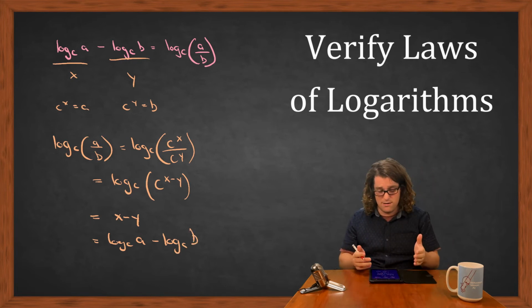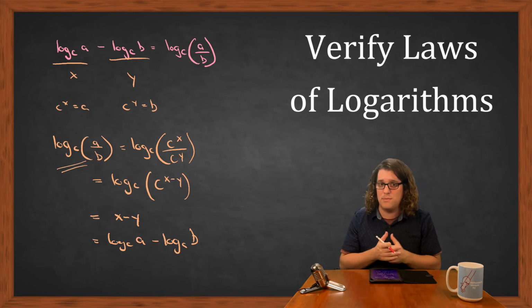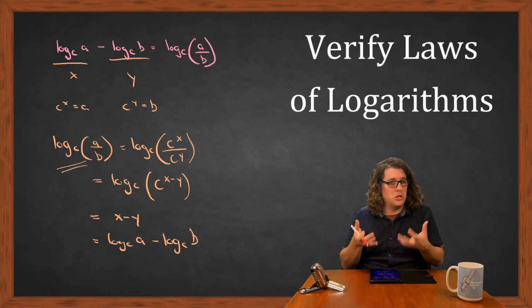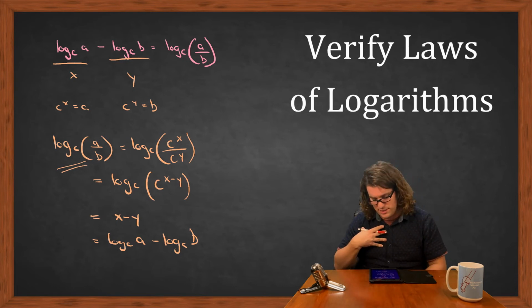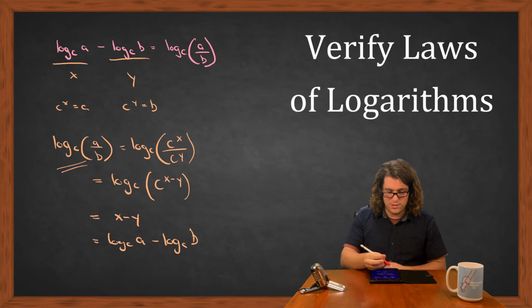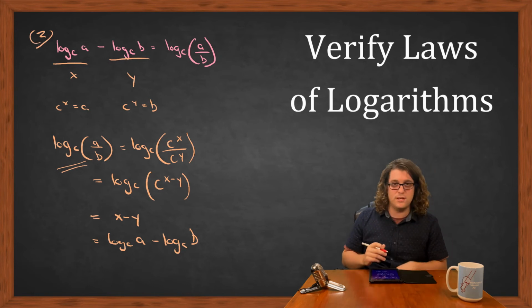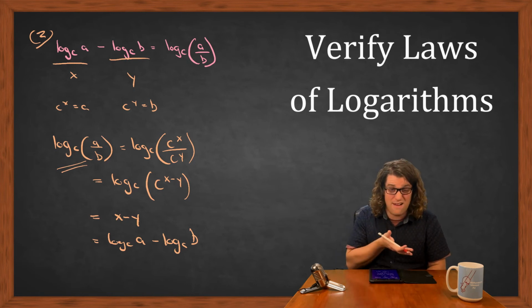So what we've shown here is that if we start with this and we play around with it the right way by doing some substitutions just to make it look nicer, you don't actually have to do it this way, but I find it's a little more clear for me personally to be able to follow along. So I do get this expression in the end that gives me exactly what we started with up here. So this is another logarithm law that we can use to help us manipulate equations that have these things in them.